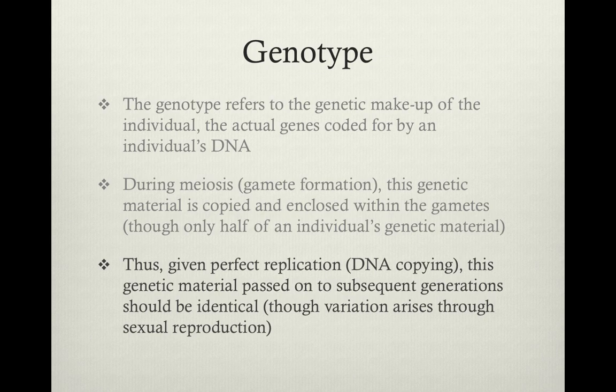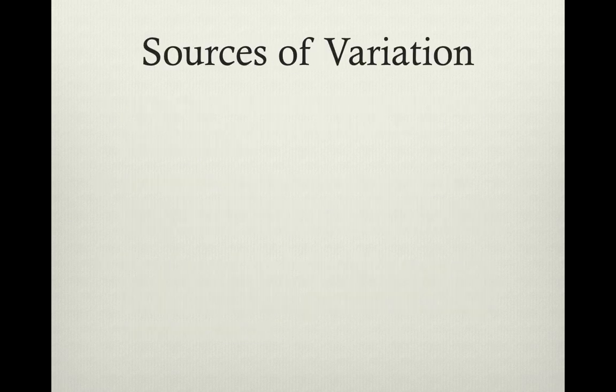Though variation in genomes is one of the inherent benefits, really, of sexual recombination. The whole reason that we engage in sexual reproduction is to introduce variability into our population. Well, of course, we know that we don't always have perfect DNA copying, and so there are other ways that we introduce variation as well, one of those being mutation.